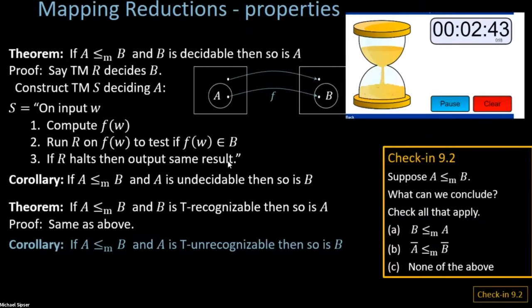If R halts and outputs the same result, I just mean that S is going to do the same. We're translating an A problem to a B problem, and then answering the B problem. And we're going to give the same answer there. So whatever R says, we're going to say too. If that's helpful.